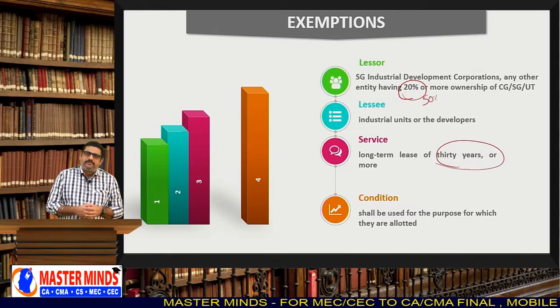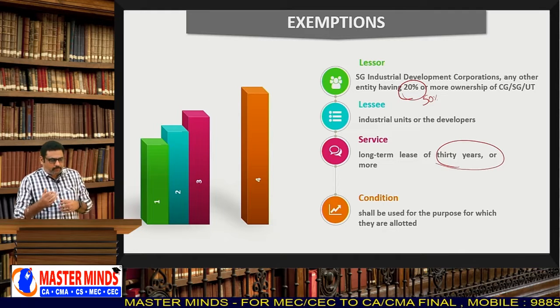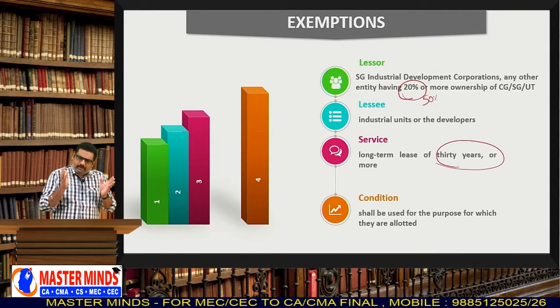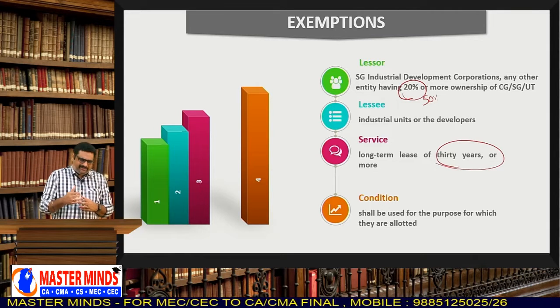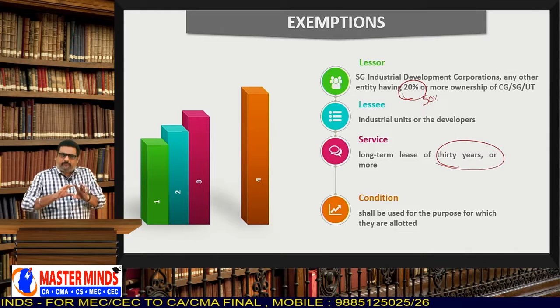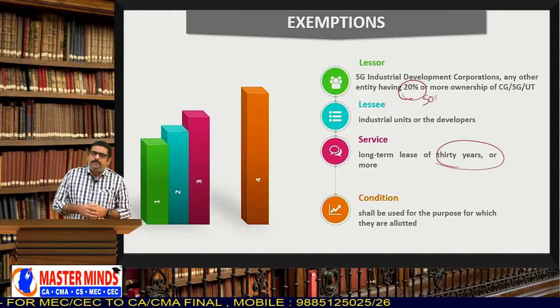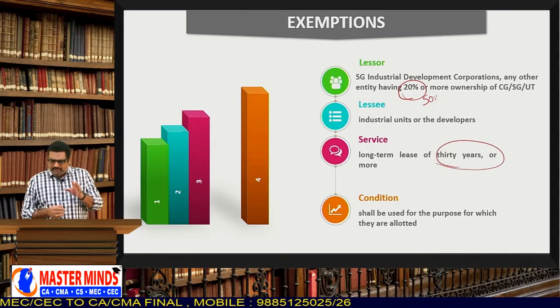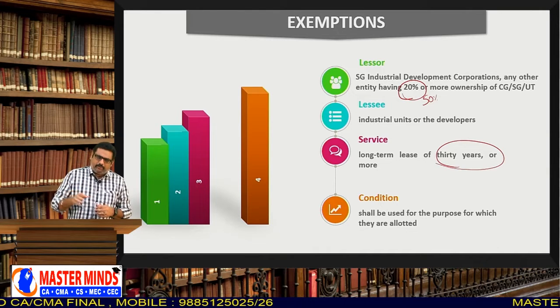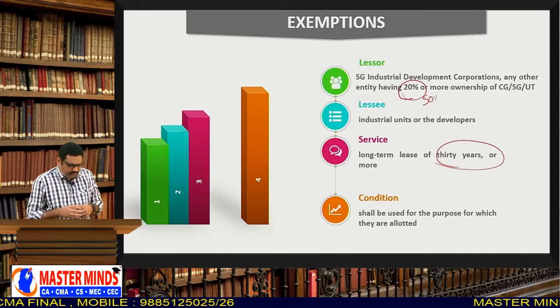The condition is that leased plots shall be used for the purpose for which they are allotted, that is for industrial activity or for financial activity in the industrial or financial business areas. That means the government generally grants leases to these organizations, industrial units or developers. Why?